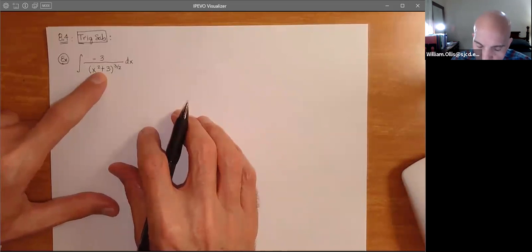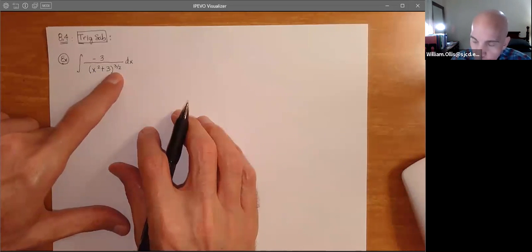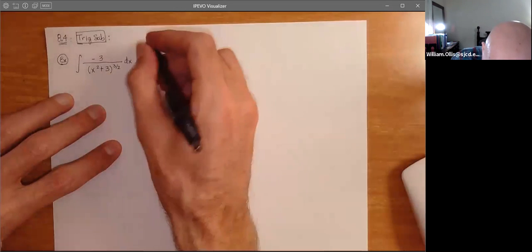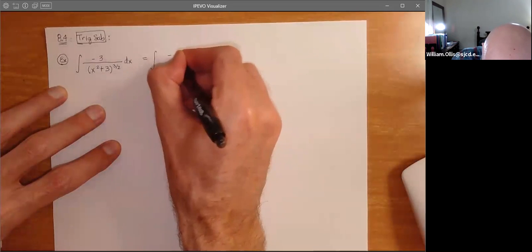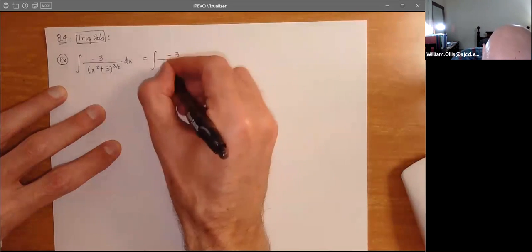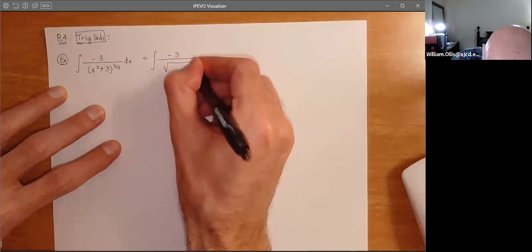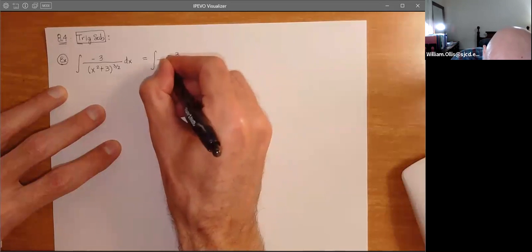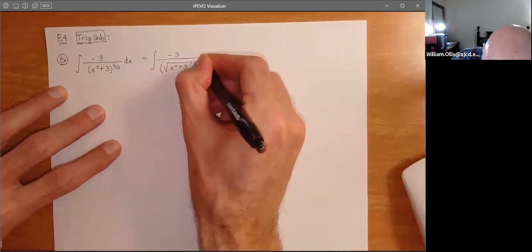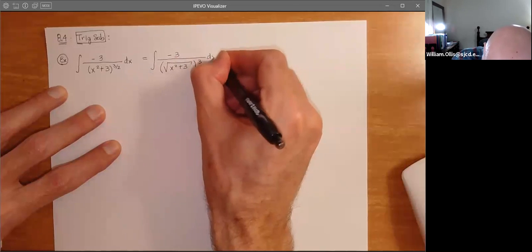If you look at this particular expression, this is Pythagorean, and I've got 3 copies of it. So the first thing we would want to do is break it down a little bit. We can write this as the square root of x squared plus 3, to the 3rd power, dx.